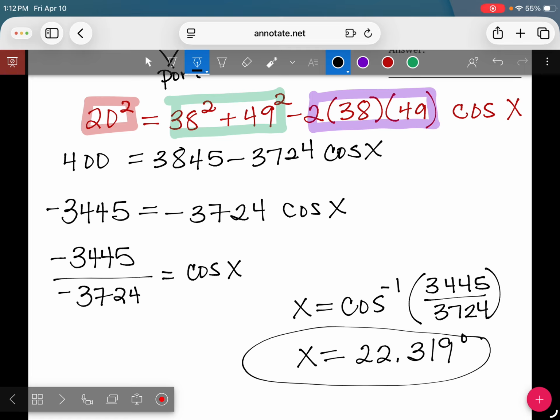Who agrees with my answer? 22.319. All right, we got our last question. I want you to read it and draw your triangle by yourself, and then we'll talk about the method we're going to use. So read the question, draw your triangle out.